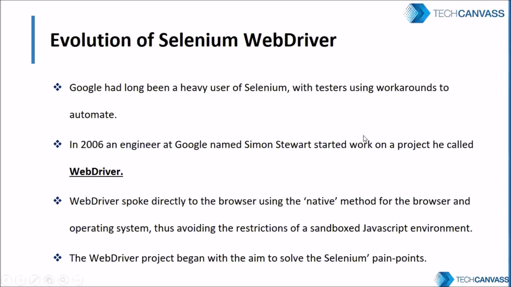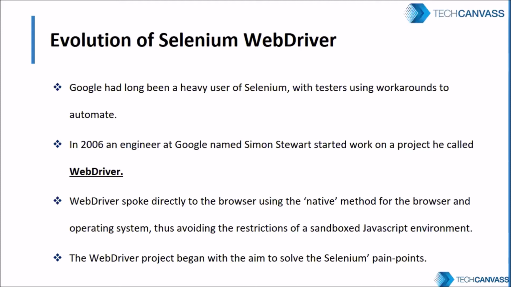So these limitations and problems led to the evolution of Selenium WebDriver, which is the Selenium 2.0 version. Now, Google was a very heavy user of Selenium. However, testers had to have various workarounds in order to automate the applications because of the challenges that we discussed.